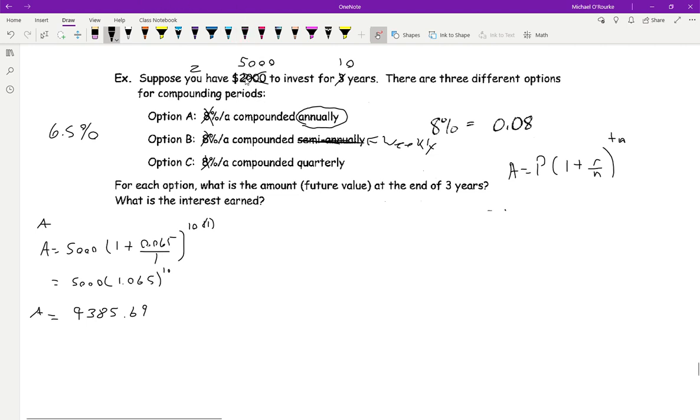I wanted to do the same investment we did in simple interest so we could see the difference between the two of them. 10 times 1. No, I got 9,000. Anyone else got 9,000?